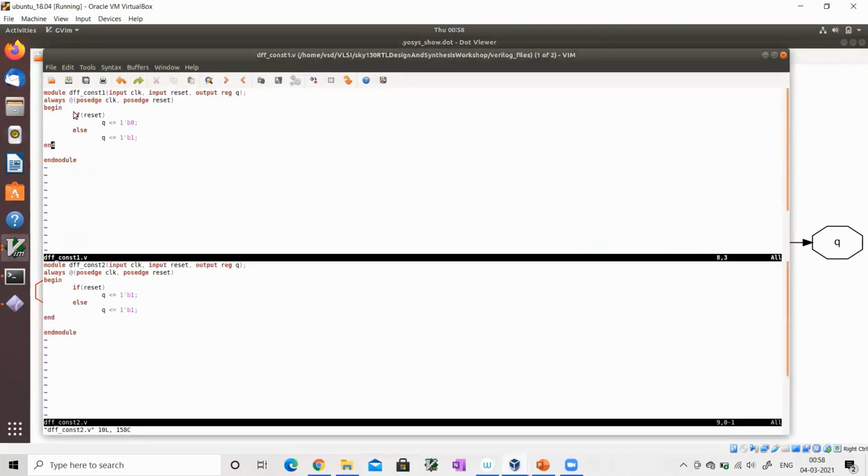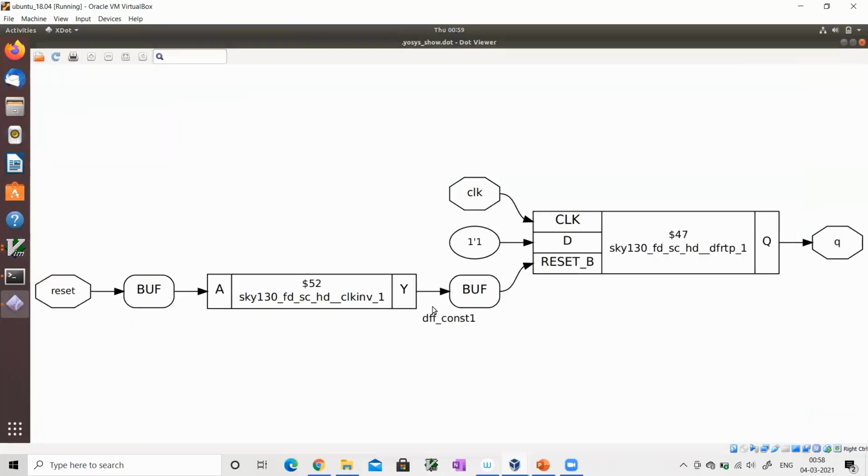Our code is saying if reset. For the sake of argument, if I had written if not reset, it would not have inserted this inverter, because by default the library has an active low reset. So because we coded it as active high reset, it is inferring another inverter here. So this is like bar of a bar which becomes reset. So reset is getting connected here. This is what we expected.